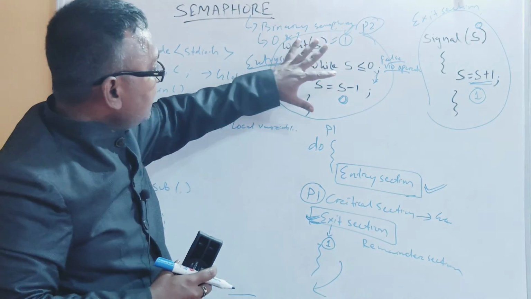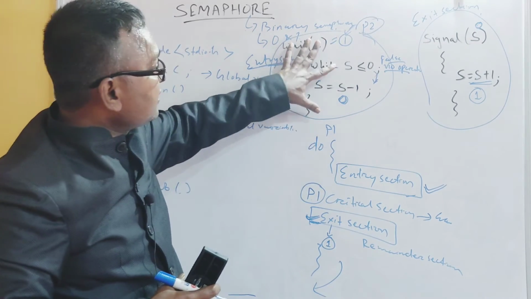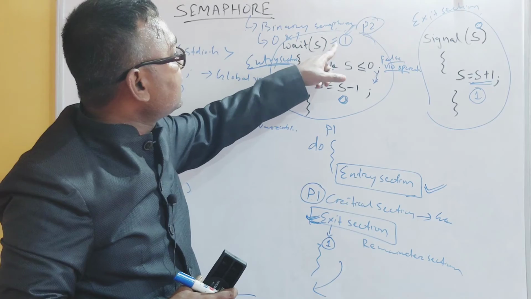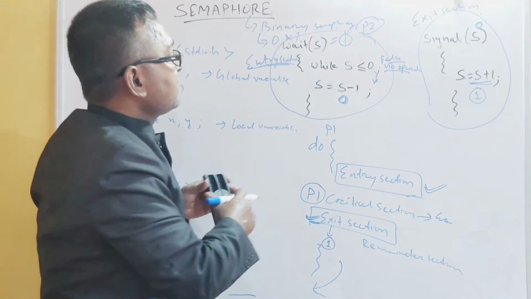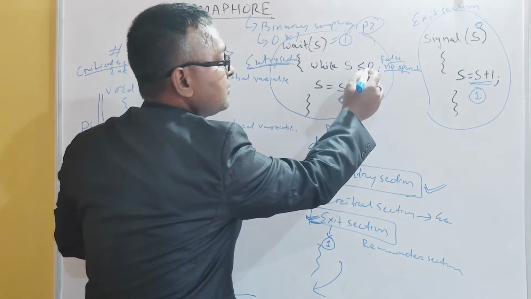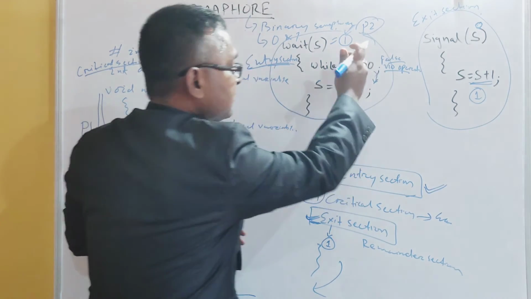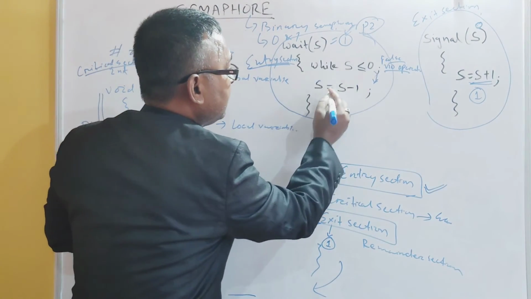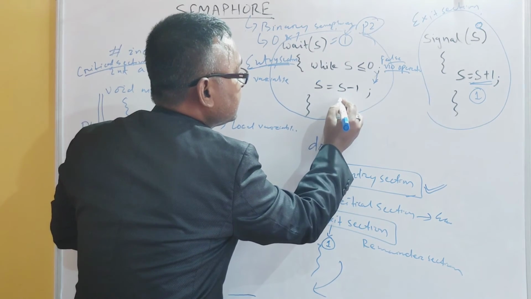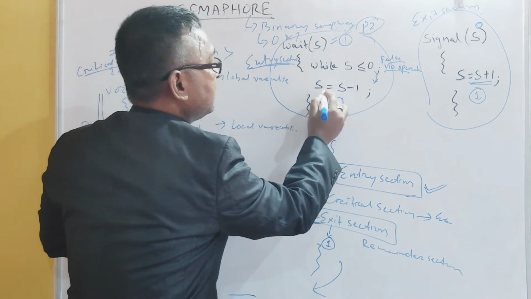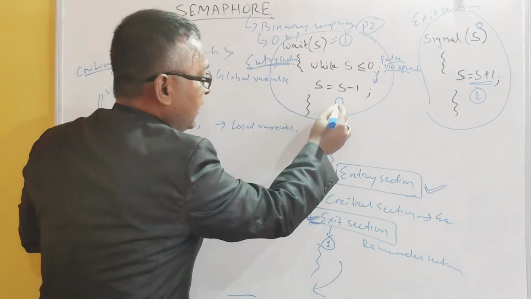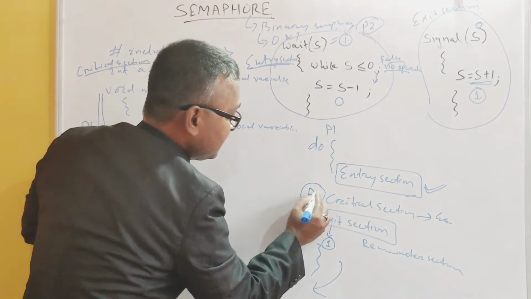So right now, when the semaphore value becomes 1, P2 wants to enter into the critical section, meaning it will execute the entry section. The semaphore value is 1, so S less than or equal to 0 is false. Moving to the next statement, it will make the semaphore value S minus 1, that is 0, and enter into the critical section.